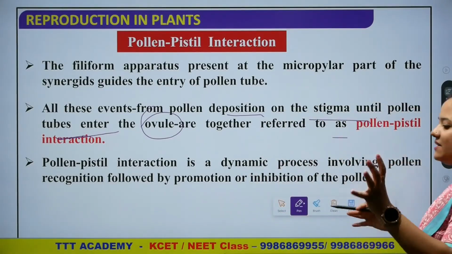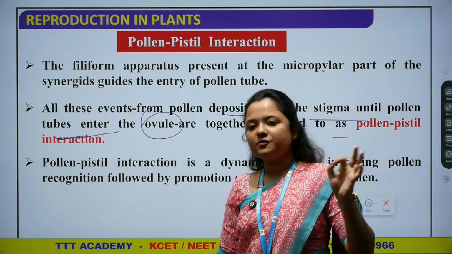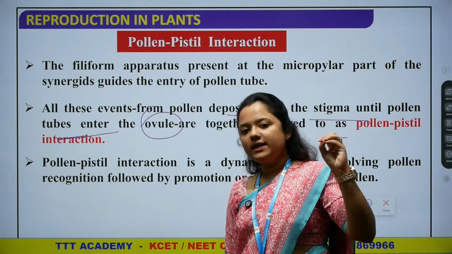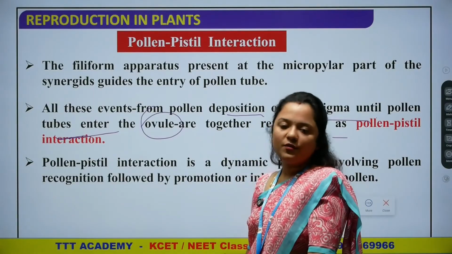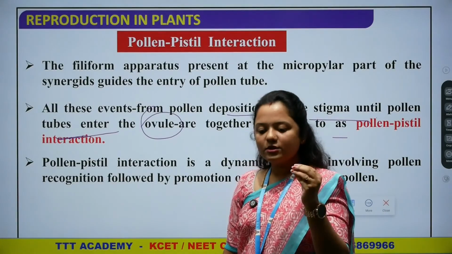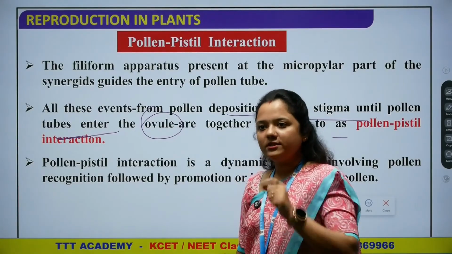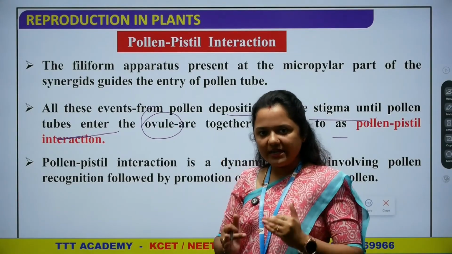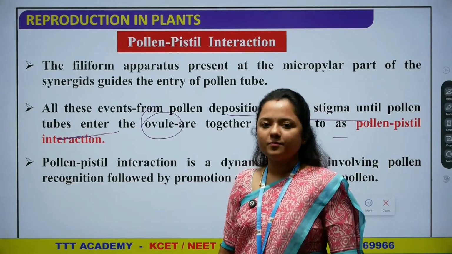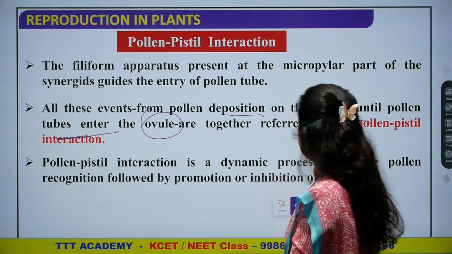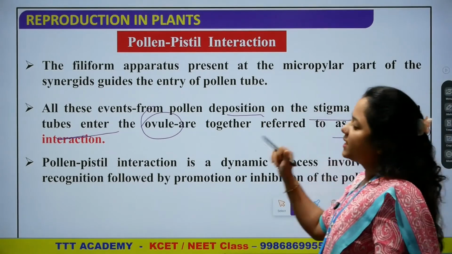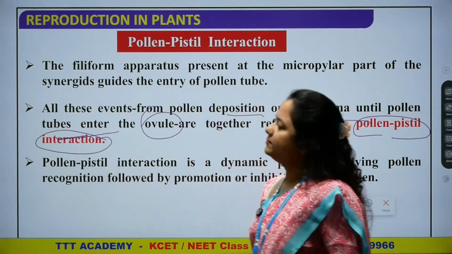So all these events, right from the release of pollen grains on the stigma and germination of the pollen tube and moving towards the ovule and reaching the egg, all these events which are taking place between the stigma and pollen grains are called pollen pistil interaction.